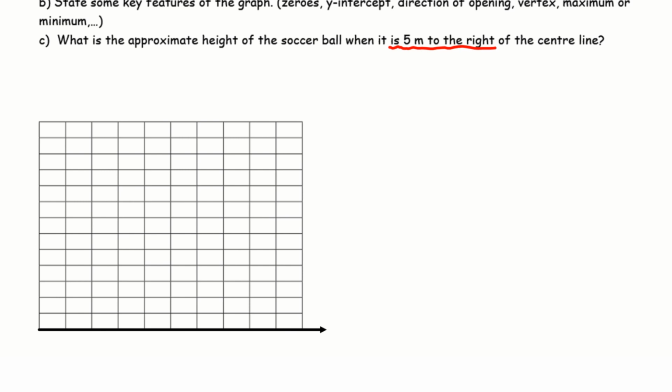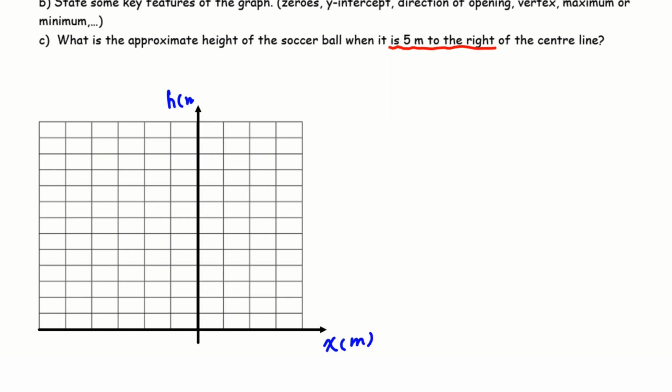So this is x in meters, and the center line is passing through the middle, so we are going to draw this, the middle. The center line is here. So this one we call height, H, then the unit is in meters.